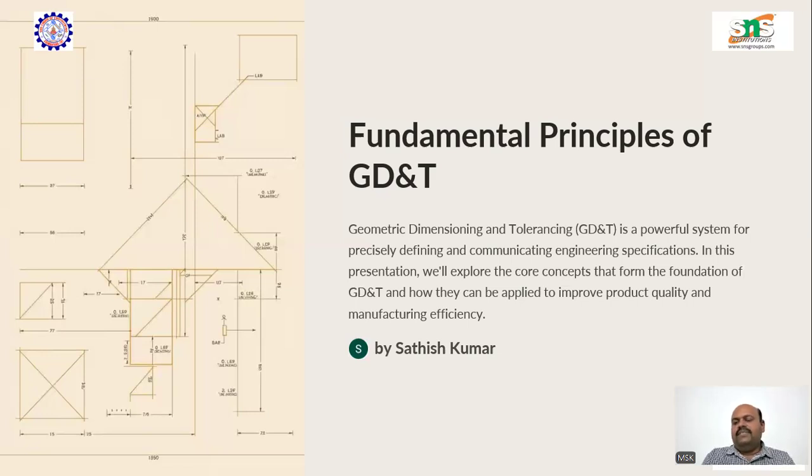Geometric dimensioning and tolerancing is precisely communicating engineering specifications for the manufacture of products. In this presentation, we will see in detail about this GD&T and how it helps manufacturing companies improve product quality.